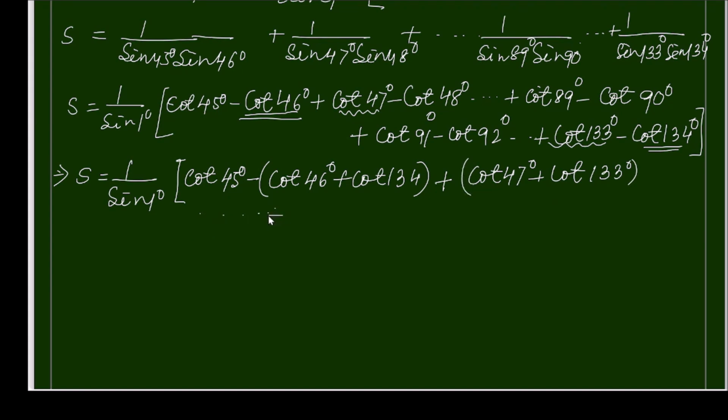Next, cot 89, I'll take with cot 91, and minus cot 90 will be a single term. That means all the terms in between are accommodated; cot 48 pairs with cot 132, cot 49 with cot 131, and so on.